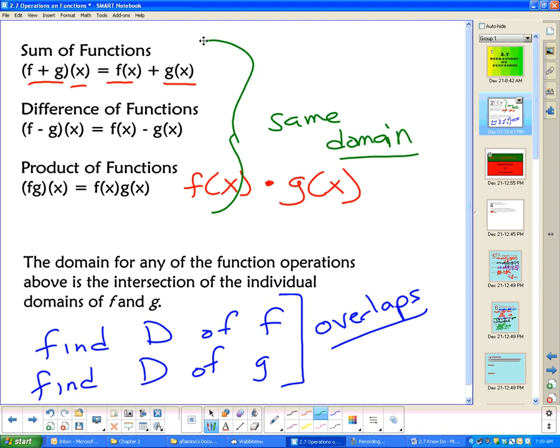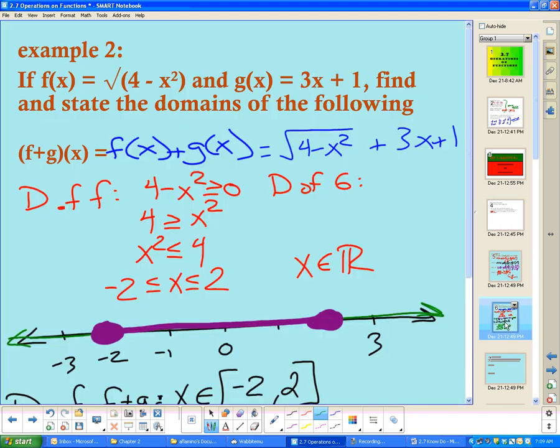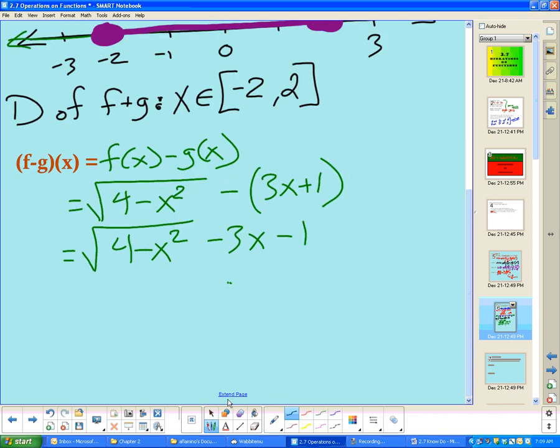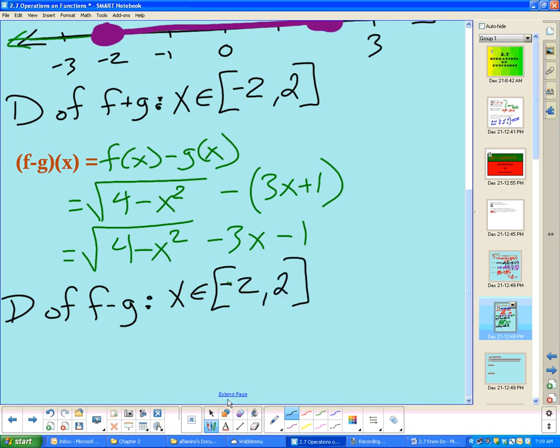So once I find the domain of one of them, I have the domain of all of them. So I can just quickly, at the end here, say the domain of f minus g is going to be the closed interval from negative 2 to 2, because it has the same domain.